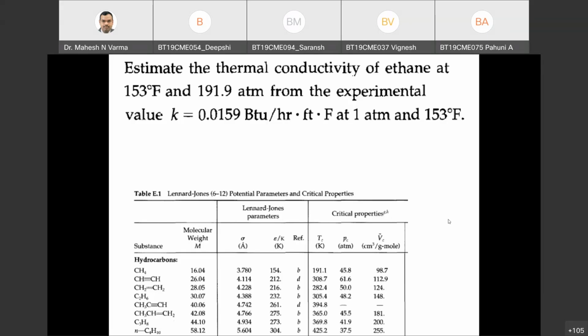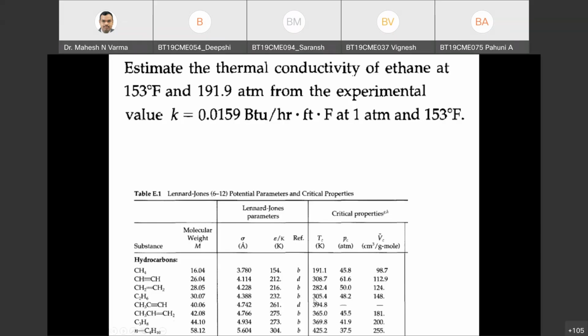So C2H6 is the ethane. Okay, so this is the molecular mass of ethane. This data is currently not used.